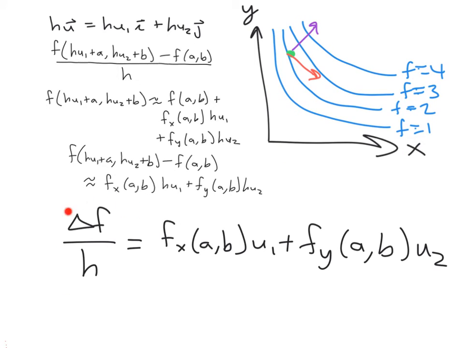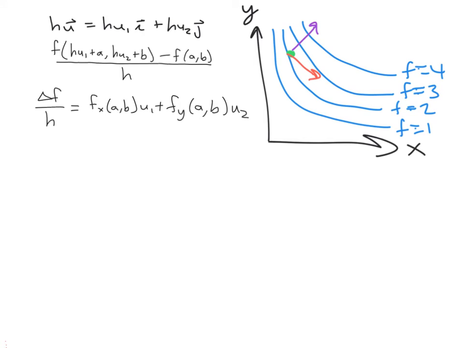To find the approximate slope, we divide the difference in the function by the distance that we traveled, and we find f sub x of a, b times u1 plus f sub y of a, b times u2, where u1 was the i component and u2 was the j component of the unit vector that was giving us our direction. And this approximation becomes more and more exact in the limit as h goes to 0. So in that limit, this is actually an exact expression for the slope of the function as we move in the arbitrary direction given by u1 and u2.